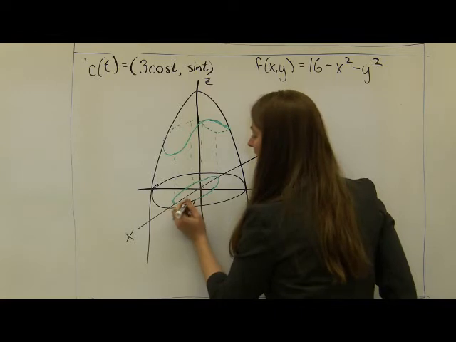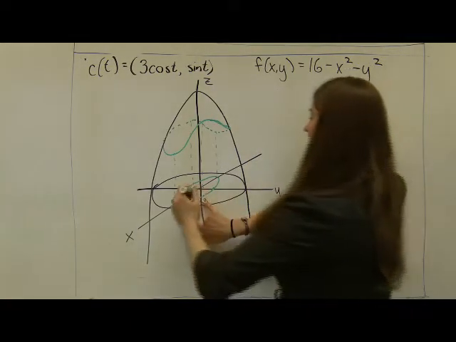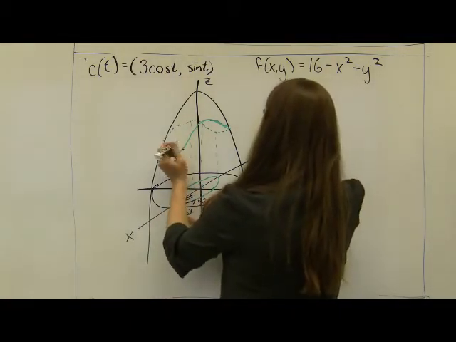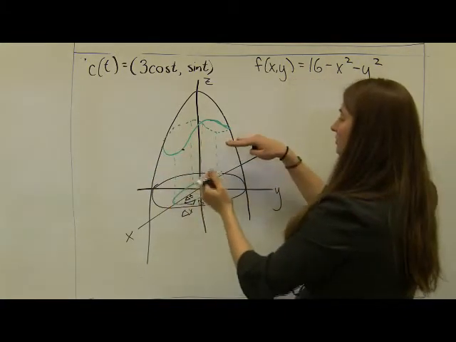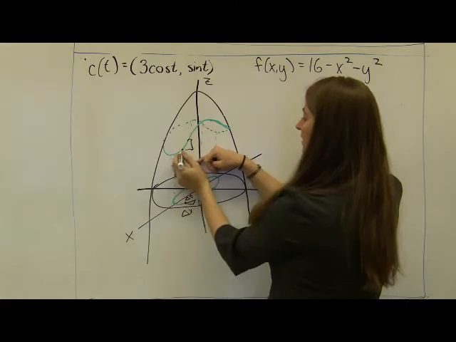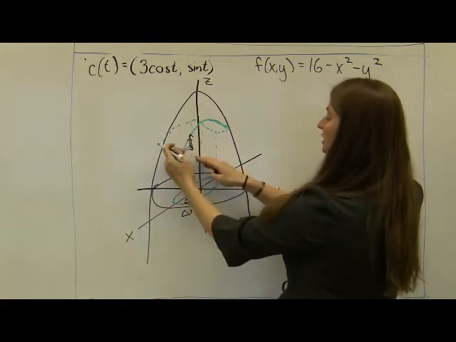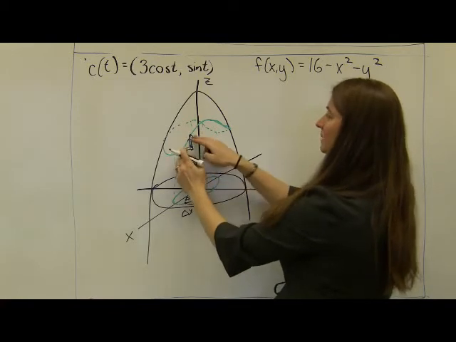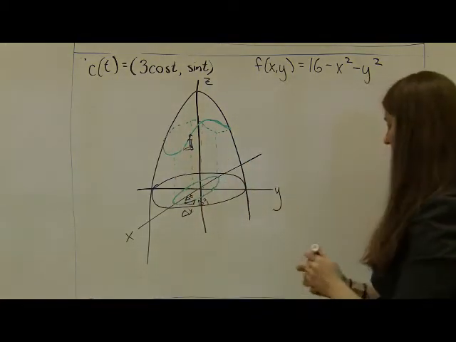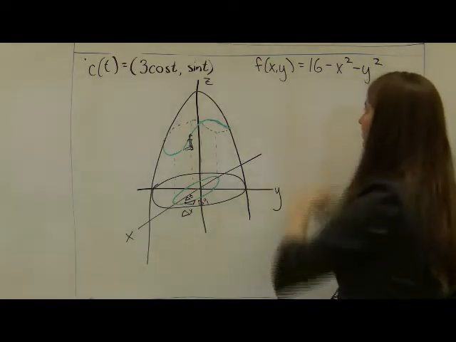Because of that change in x and change in y, that's going to result in a change in elevation due to the x change, and also a change in elevation due to the y change. So both the changes in x and y are going to impact the elevation of the probe. That's our motivating idea.